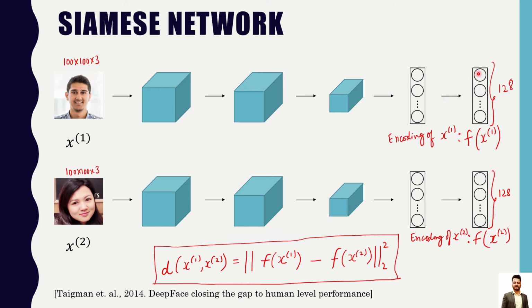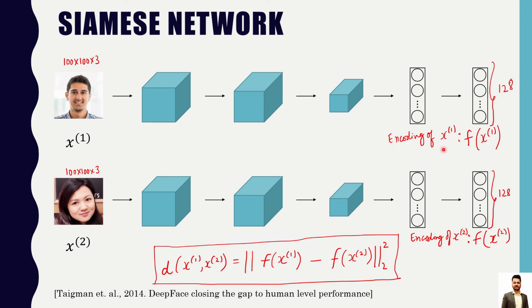You are getting 128 features, 128 values out of this face. So this face, which was initially 30,000 pixel values, is converted into a 128-value array or vector, which is denoted by f(x1) here.